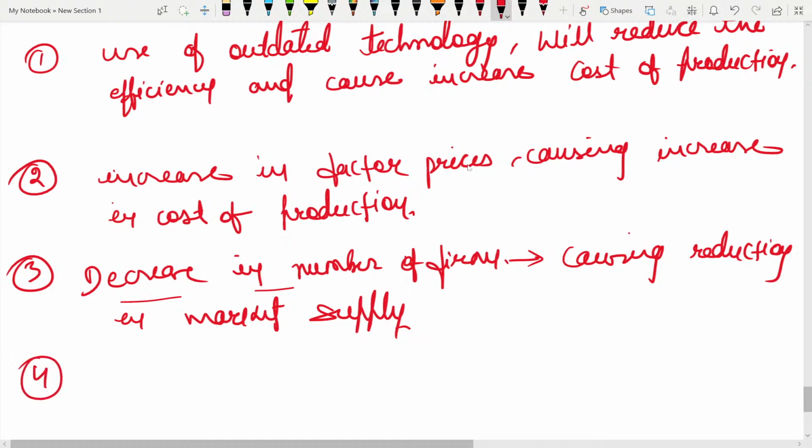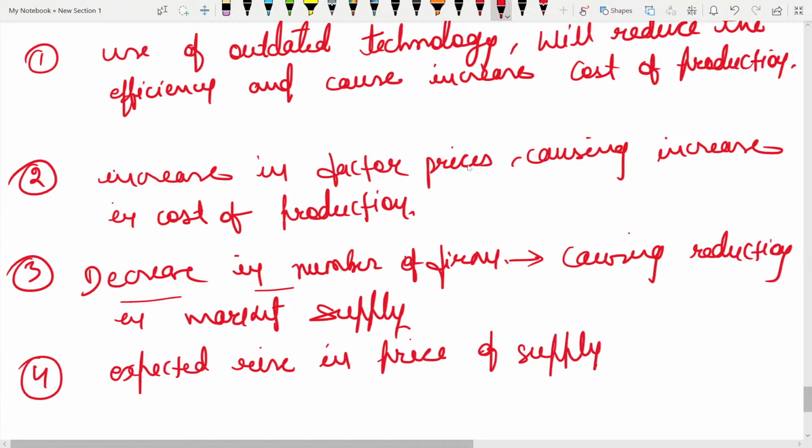Fourth point, expected rise in price of the commodity. Many of you are thinking how expected rise in price can decrease the supply in current period.